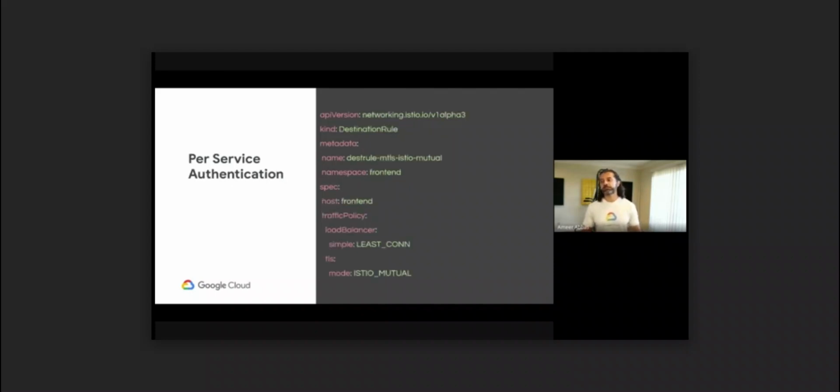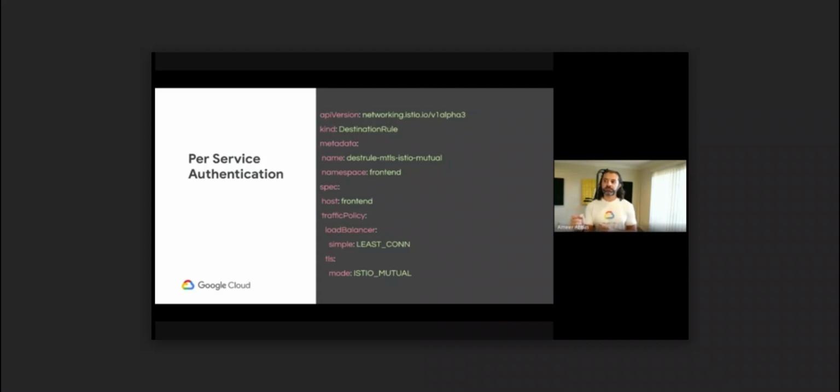This is a destination rule since we've been talking about it. And these are the three things that ASM or Istio provides in terms of security features. I just wanted to show you an example. A destination rule is done on a per-service level, whereas peer authentication policy is done on a mesh-wide level, the one that I just showed you. This one is now scoped to the namespace. So in this one, we're saying there's a destination rule in the front-end namespace.